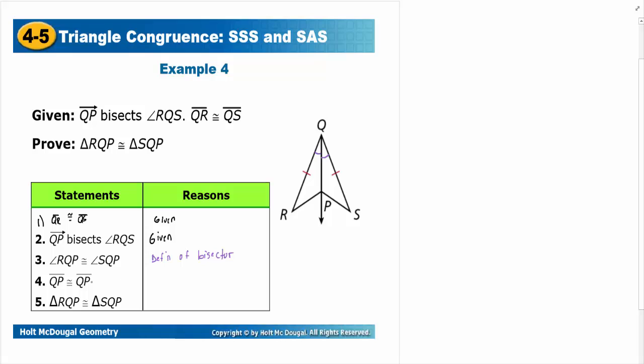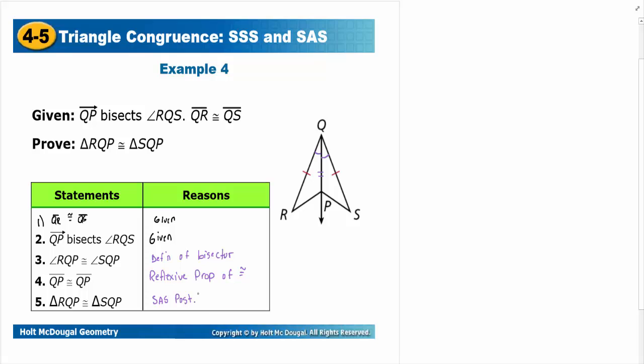And then next up, I know that QP is congruent to QP. I know that because of the reflexive property of congruence. So now I have my side angle side relationship. Hopefully you can see the included angle in there. It's the angle in between the two sides. So these triangles are congruent by the side angle side postulate.